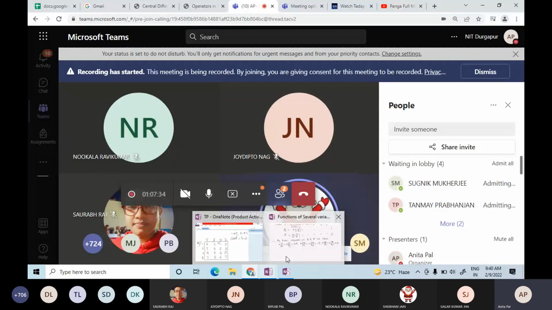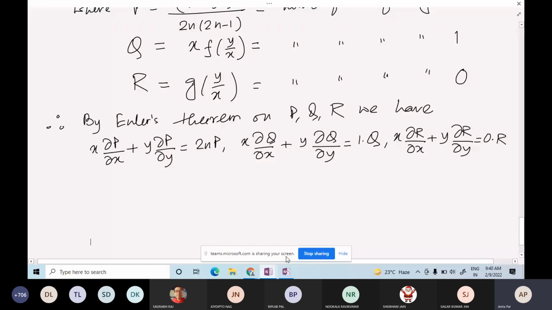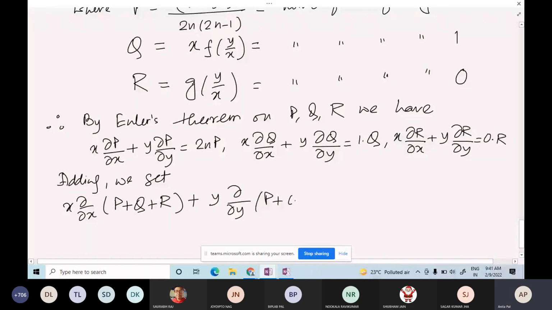Now see, if we add these three equations, what will we get? Adding, we get x del del x of p plus q plus r plus y del del y of p plus q plus r equal to 2n p plus q.